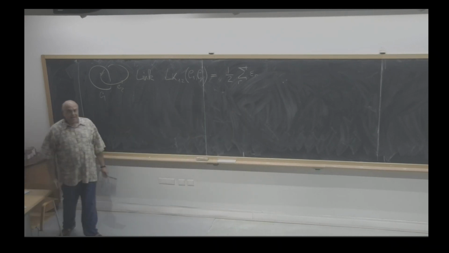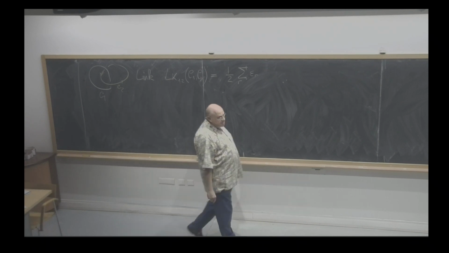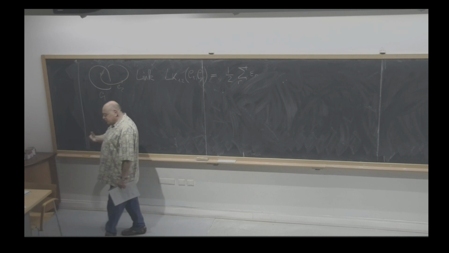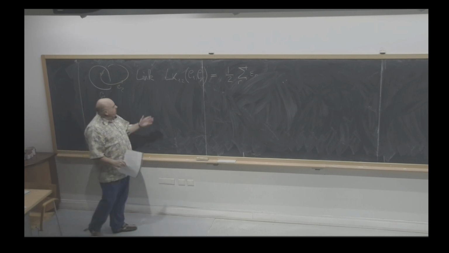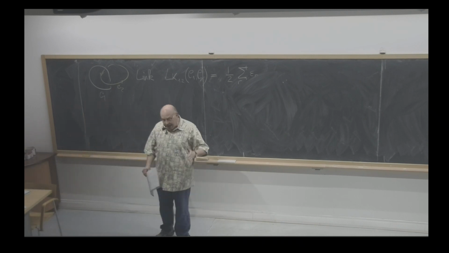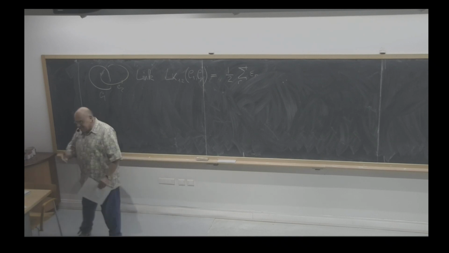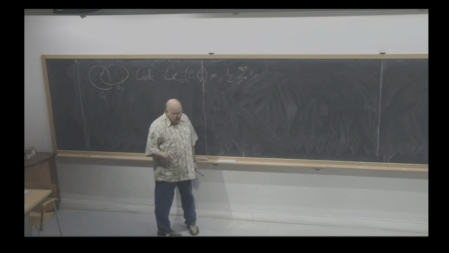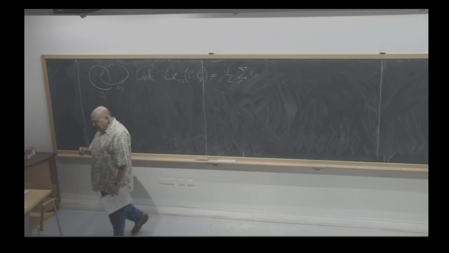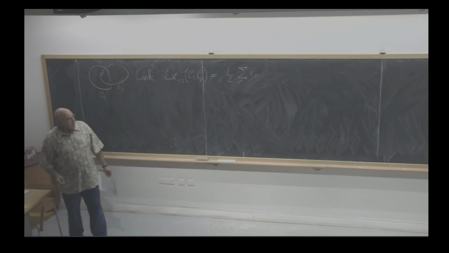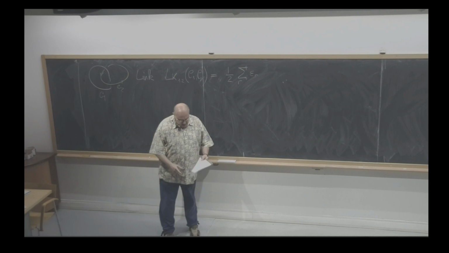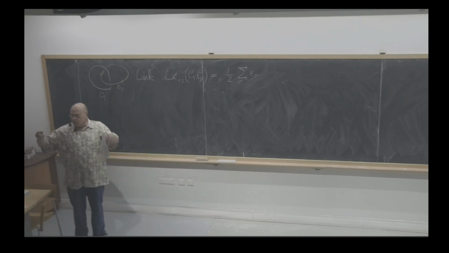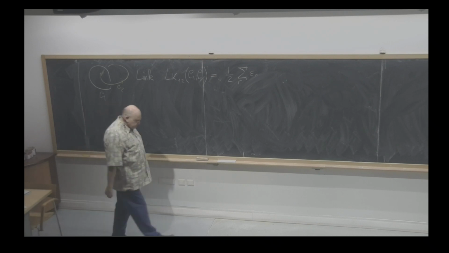I told you that the linking number has many apparently different definitions, and the proof of the topological invariance of the linking number can be done through these several definitions. There are at least 8, 5 of which are mentioned in a paper that I produced, and I give you just a little reference. So we talked about the analytical formula, the double integral of that quantity.